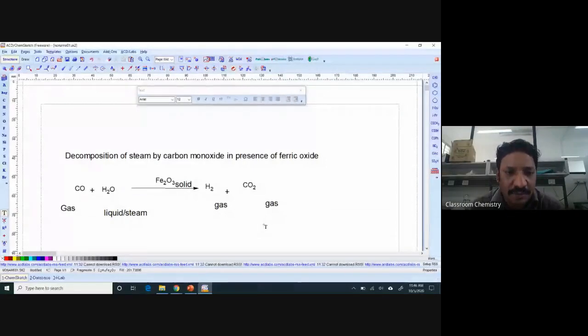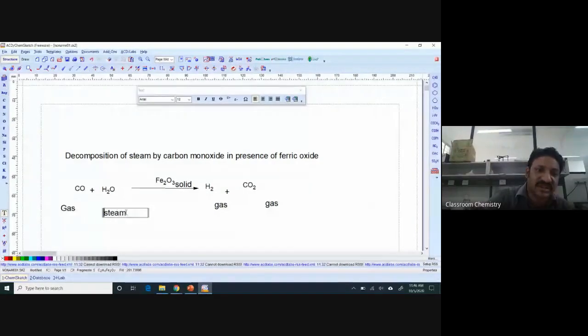Okay, so what is that example? Decomposition of steam by carbon monoxide in presence of ferric oxide. So whatever this steam, that is H2O. H2O is in the form of what? Steam, and that's why we don't write liquid here, we just write steam, because in the heading you see there is a decomposition of steam by carbon monoxide in presence of what?